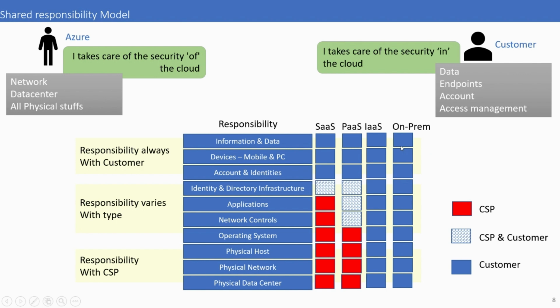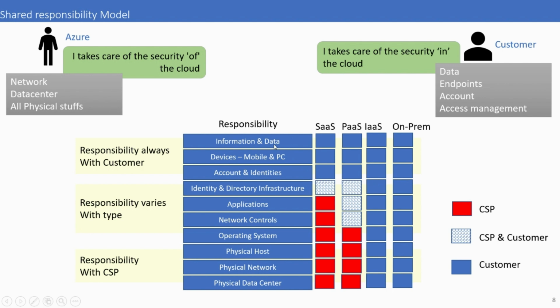The last column, on premises, is fully owned by the customer, which means that the cloud service provider plays no role there, be it information and data or the physical data center. Everything on premises needs to be taken care of by the customer. Whereas some responsibilities on the cloud side will also be with the customer.